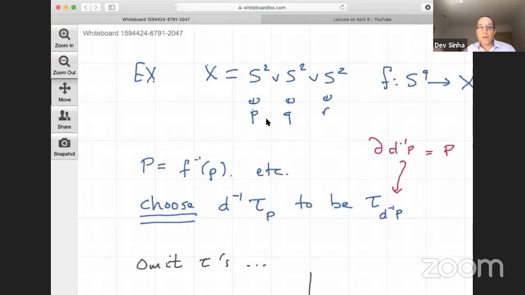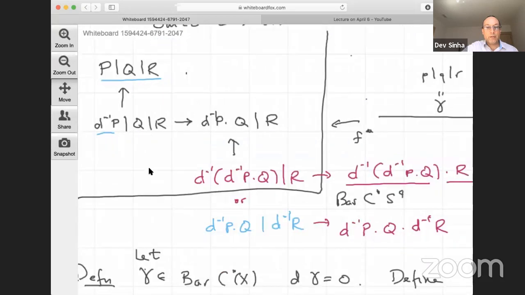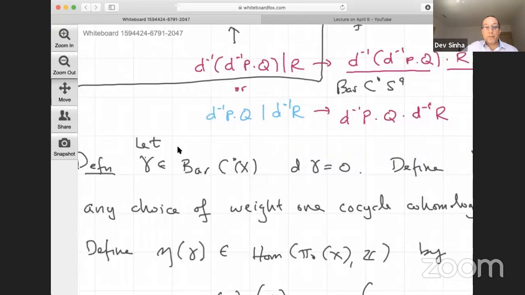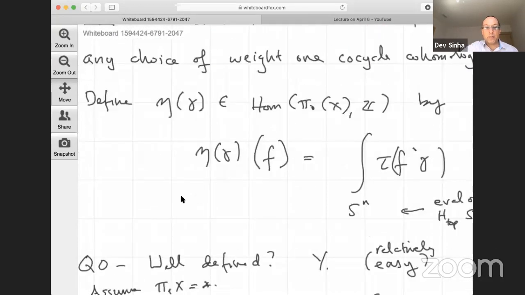Yeah, so C star X is your favorite model of cochains that must be commutative if we want the Lie coalgebraic version.